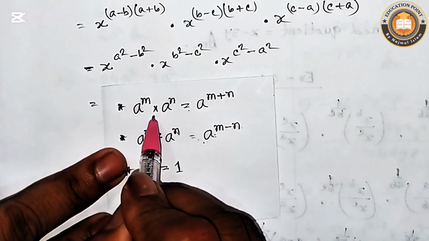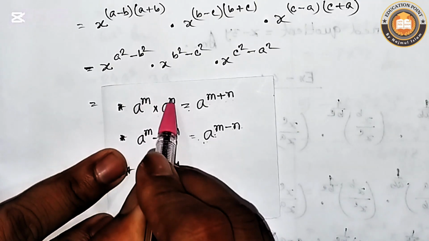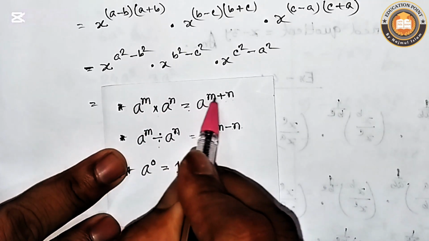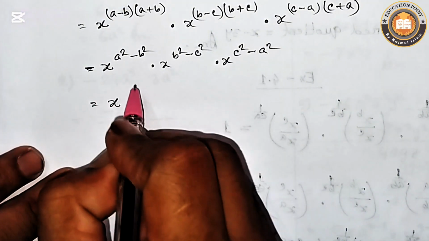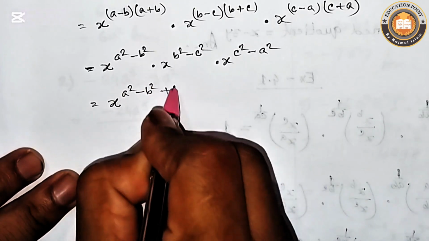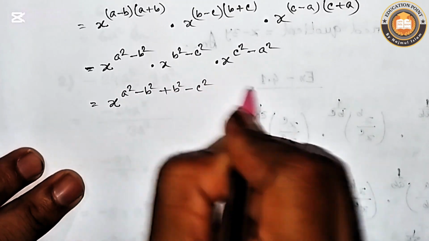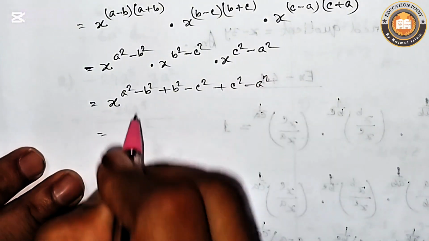Here we will apply the index law of multiplication, that means a^m into a^n equals a^(m+n). Here similar base x, so their power will be added: a² − b² plus b² − c² plus c² − a².